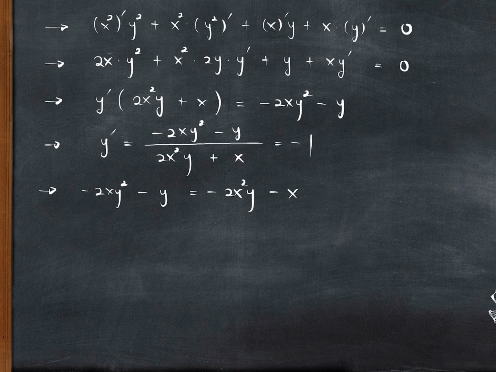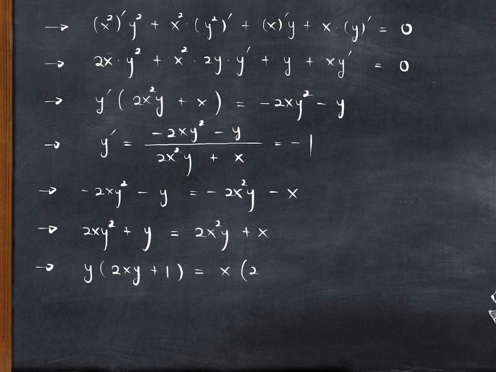After some rearranging, we get 2xy squared plus y equal to 2x squared y plus x. Let's factor out y: y times 2xy plus 1, equal to, let's factor out x, x times 2xy plus 1. Next, y minus x times 2xy plus 1 equals 0.